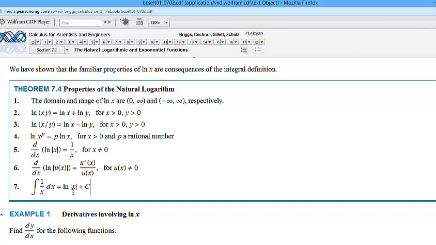Why? If you didn't, we'd run into problems when x is negative. We would have a problem over here when x is 0 too, so we're not going to worry about that, right? This formula turns out to be really nice, and that's why they talk about absolute value.